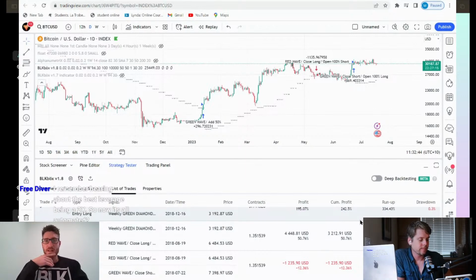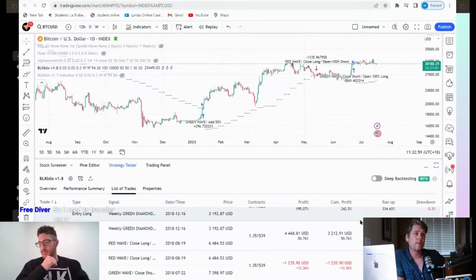Freediver: I remember hearing about the best leverage being 2x. So how is it all automated? Leverage, we don't have leverage introduced yet. We don't think we need leverage. The point I was making in the Discord is that with these long-term strategies, you want to mitigate the downside risk. The gains for alphanumerics on 1x were the same as the gains at 3x.